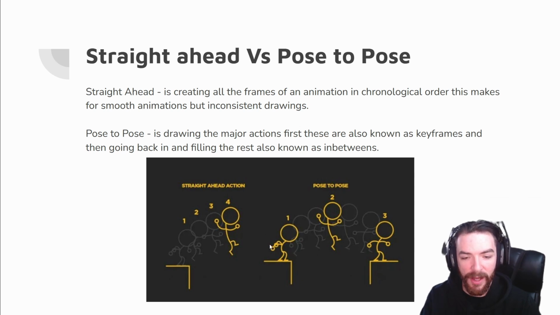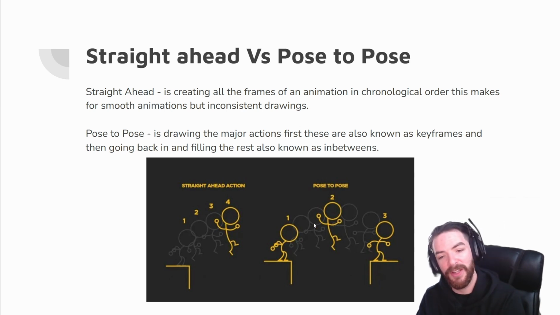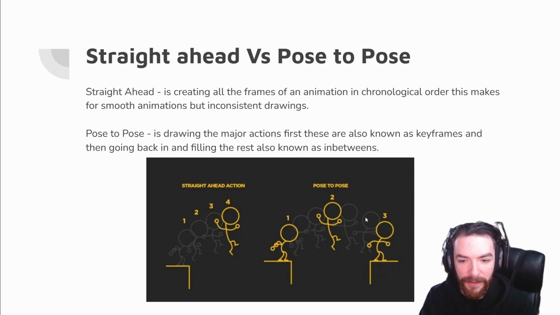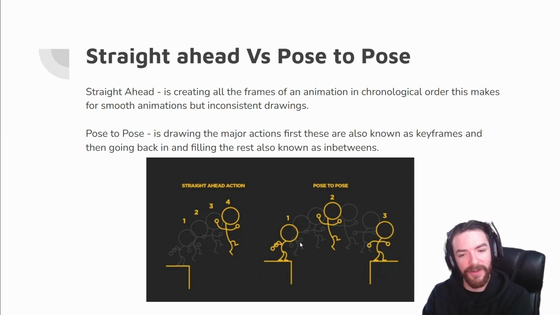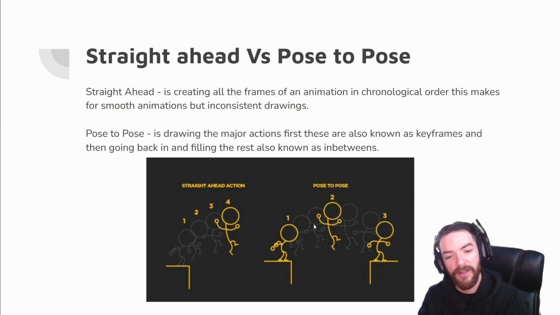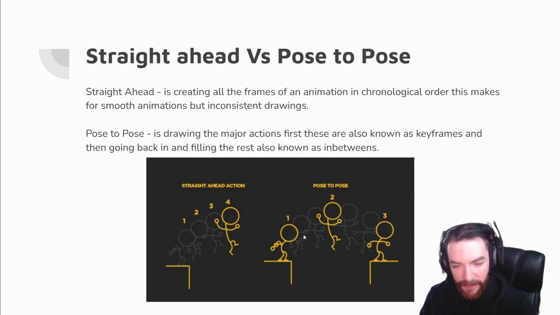As long as you get down these major poses, then you'll be pretty decent with the consistency of the drawing all the way through, because these in-betweens happen so fast that our eyes can't really see what's going on. They can kind of see it, where you could go, oh, pause that, that was interesting, but they're not as noticeable as having these 3 frames being inconsistent. So it's good to keep that in mind.